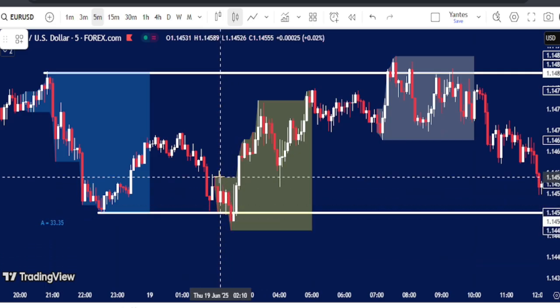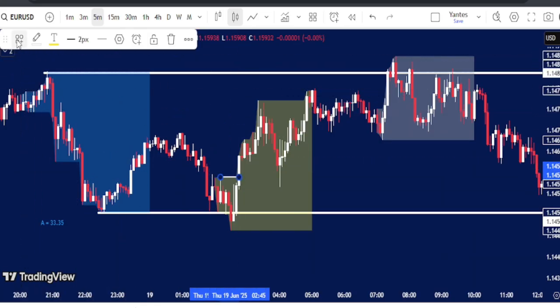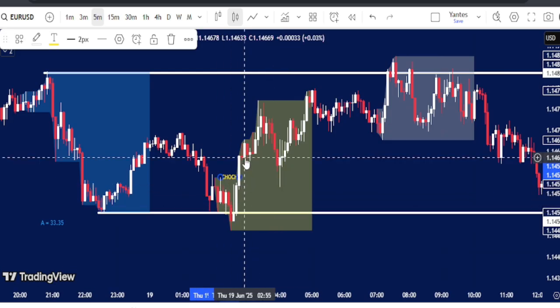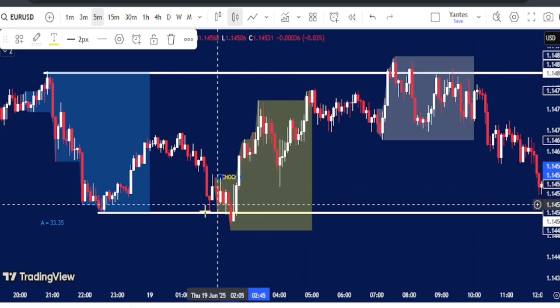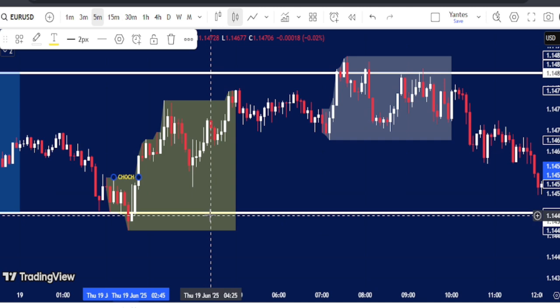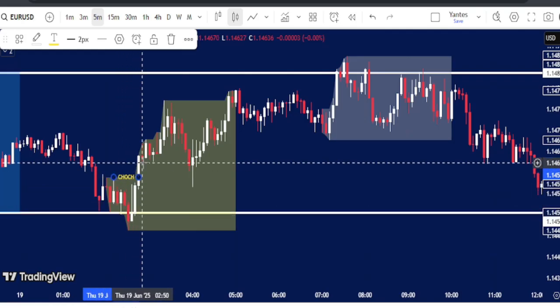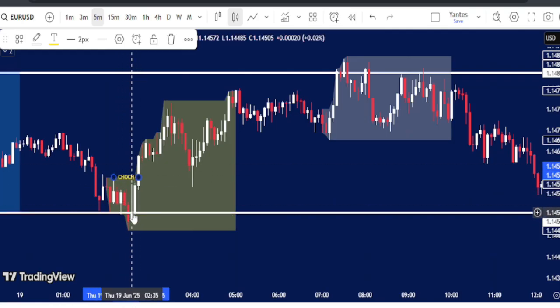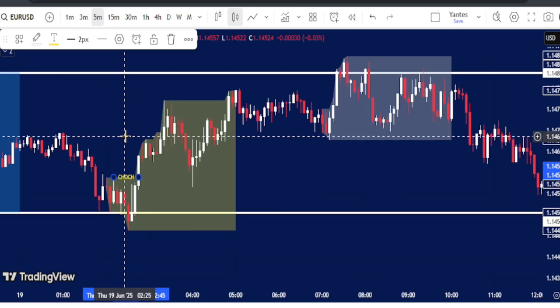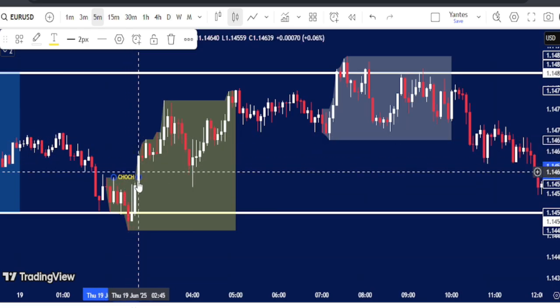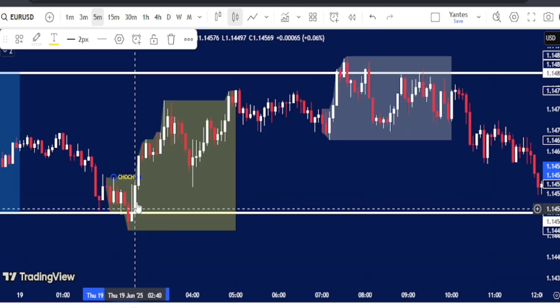So this is the last high that we expect the market to take out or trade above, for us to know that the market has already changed its direction. So immediately we see this, we identify, do we have a fair value gap? Yes, we do. We have a fair value gap here and here.